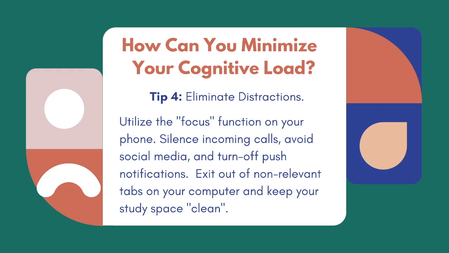Because remember, our brain is going to be competing. When we see those different tabs, it's going to trigger us to share that focus, and we do not want to divide our attention any more than we need to. So eliminate those distractions, eliminate or minimize that cognitive load so that you can give as much of that working memory to studying as possible.